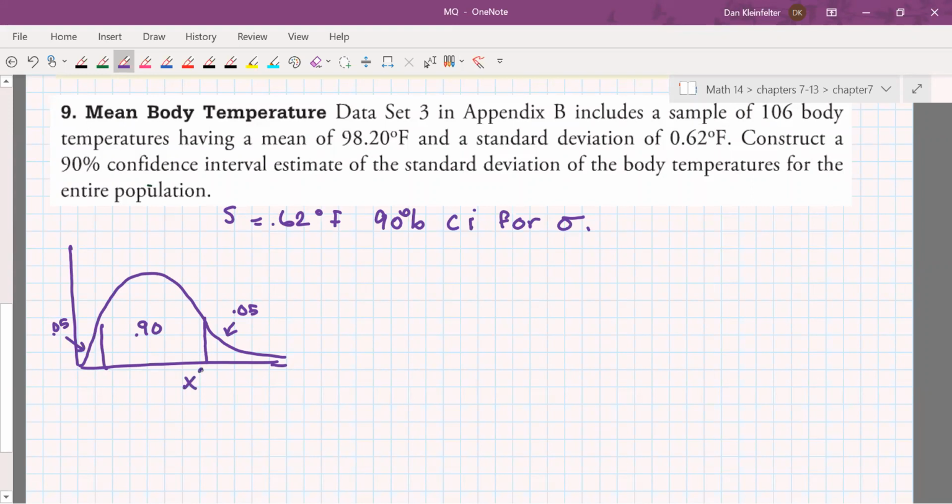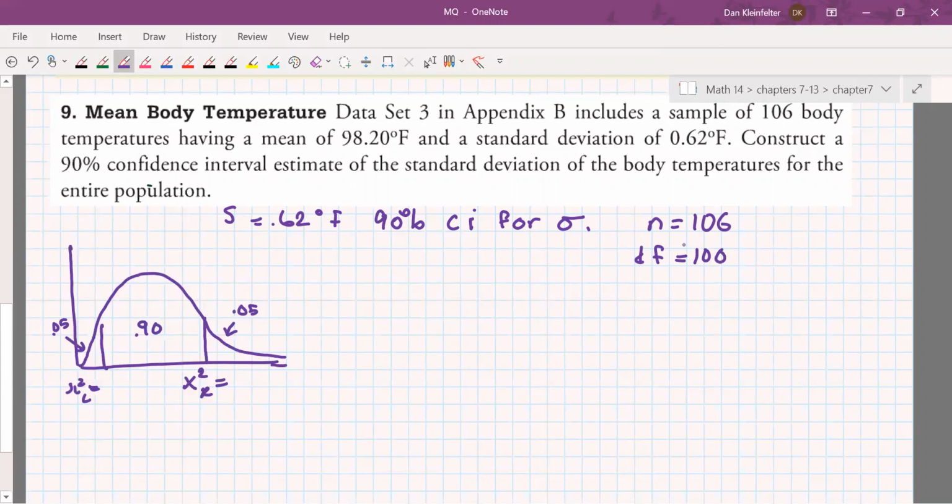So we'll have a chi-squared right to look up, and a chi-squared left to look up. Here our n is 106. That was our sample size. So our degrees of freedom is going to be 100.